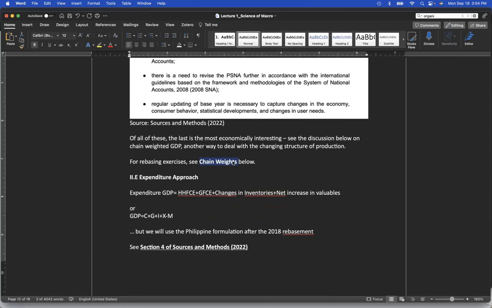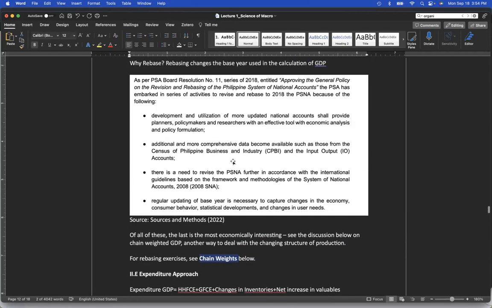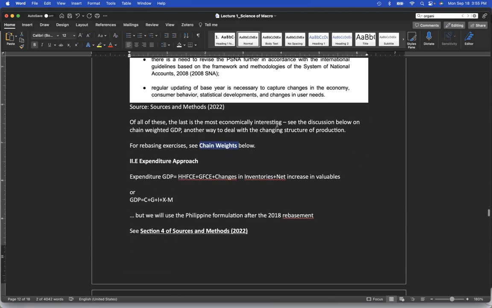Sa Pilipinas, dapat every 5 years, pero as usual, hindi nangyayari. And the latest rebasement was in 2018. Oh, guess what? It's 2023. So dapat nag-base year rebasement na sila at this point. They're probably planning a rebasement this year. So probably in the next 2 to 3 years, you'll see, we rebased the 2023 data, but nalalabas siya in 2025. Yun, probably. Hopefully.